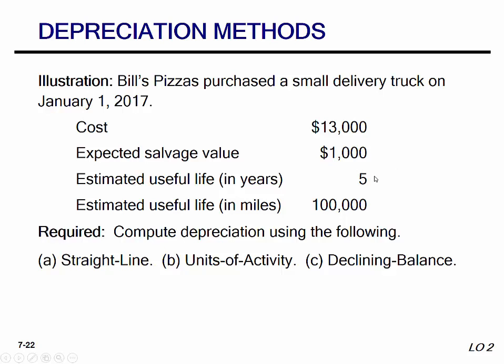Because what we're going to do is take that depreciable cost of $12,000 and spread it across the 5 years of useful life. Okay, so we're choosing a method that's going to be ratably spreading the asset's cost, or a lot of the asset's cost, not necessarily all of it because of the salvage value, over the 5-year useful life.